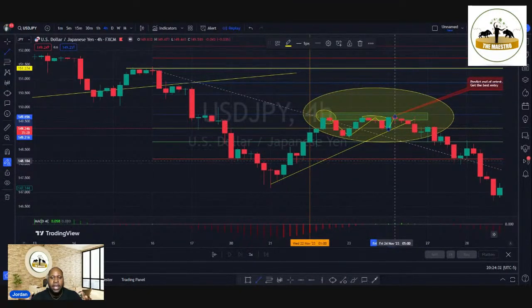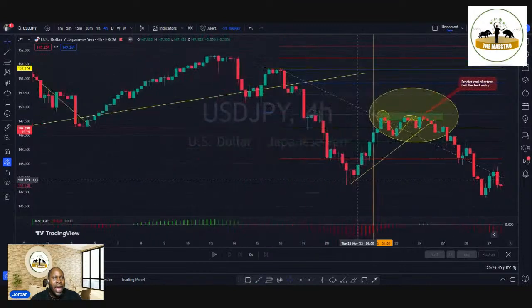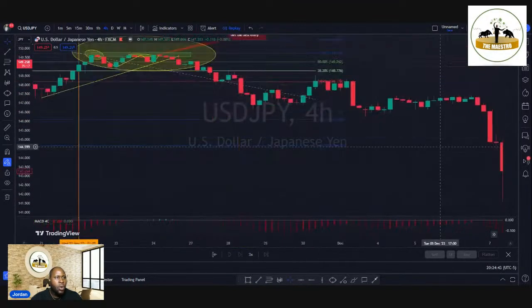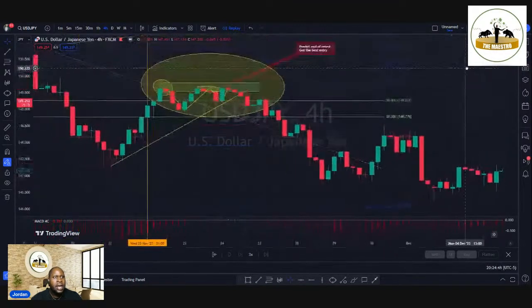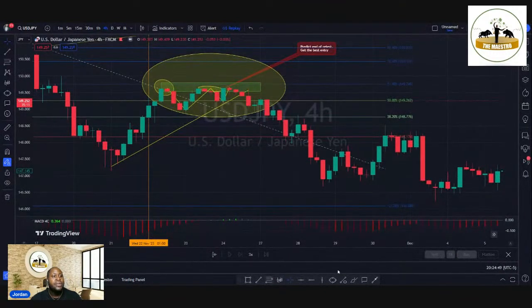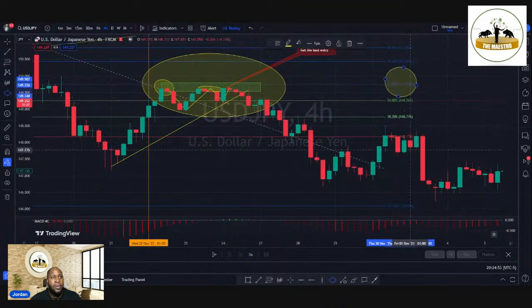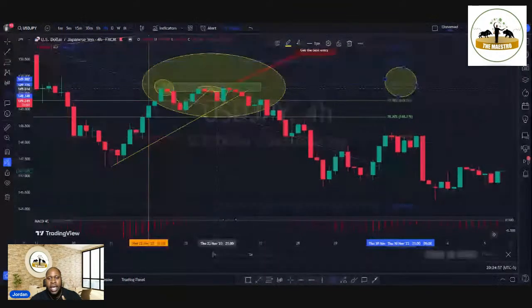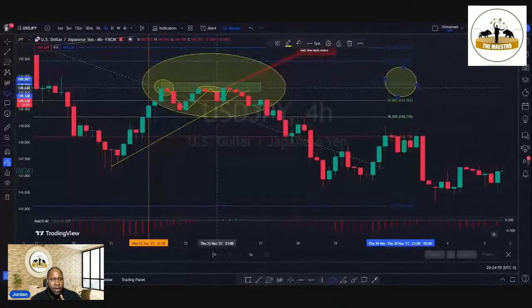This is showing me that it has hit an area of resistance, confluence number 1, and that particular resistance happens to fall in line with one of our Fibonacci numbers, confluence number 2, and that Fibonacci number happens to be the golden ratio, confluence number 3. A lot of confluences here for me to be able to take a key entry, right?